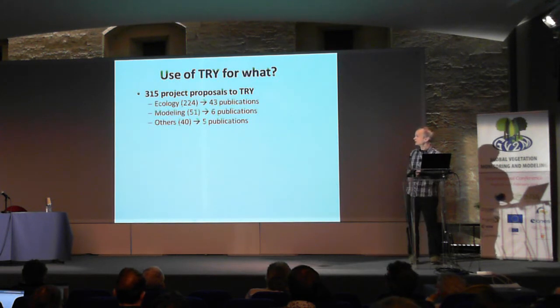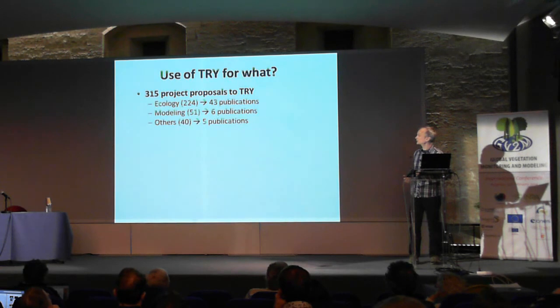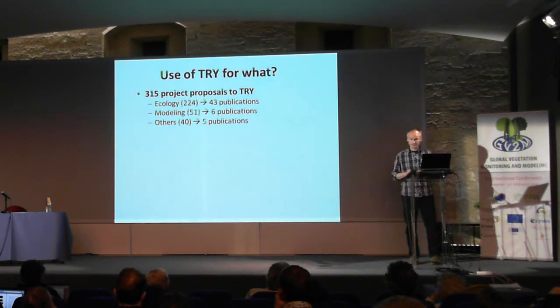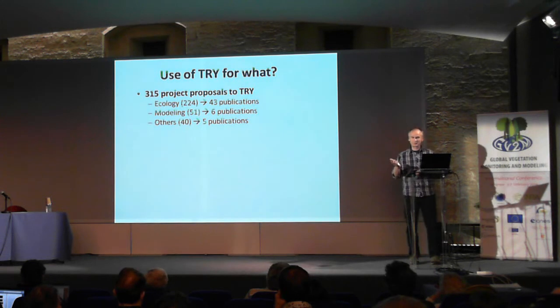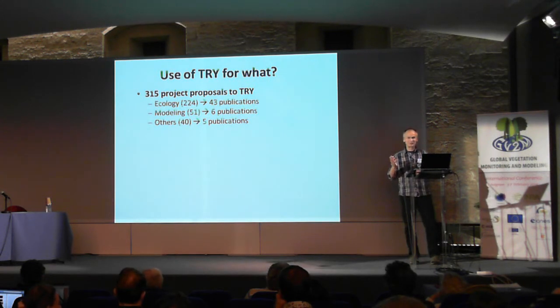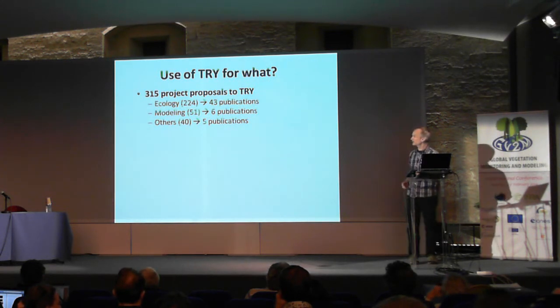What are the data in the TRY database used for? So far we have 315 projects requesting data via TRY, most of them in an ecological context, some in modeling and some in other contexts. I was surprised when I saw this: from modeling there are only a few publications, but maybe that's because it takes a long time.